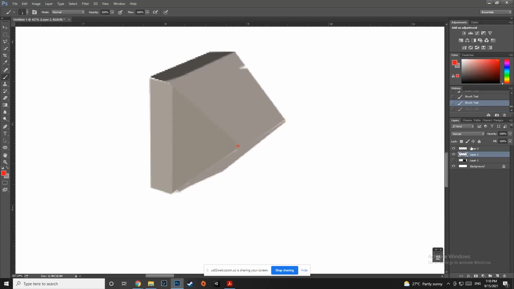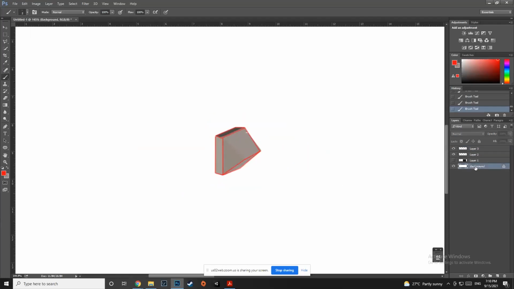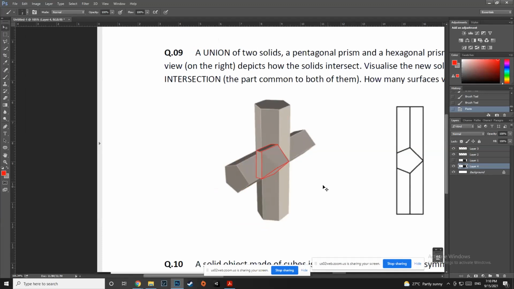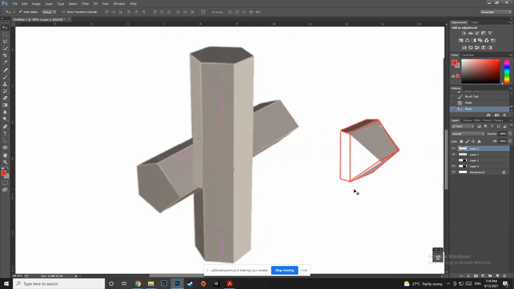Just for more clarity, these are the lines that you can see. Now this is the shape that actually came out of it, right? And this is also there.